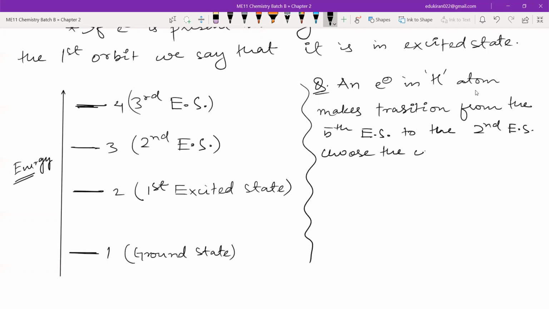Choose the correct option representing the transition.